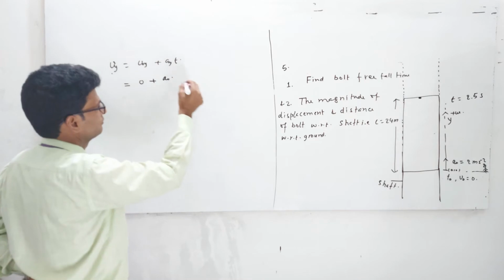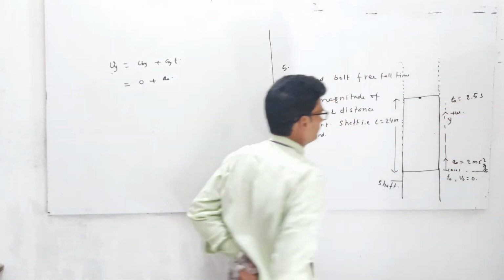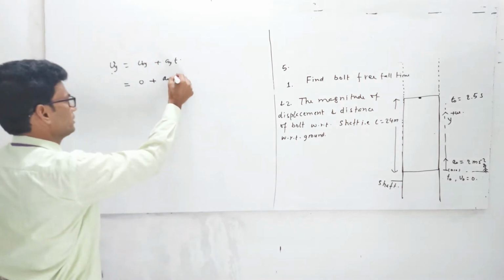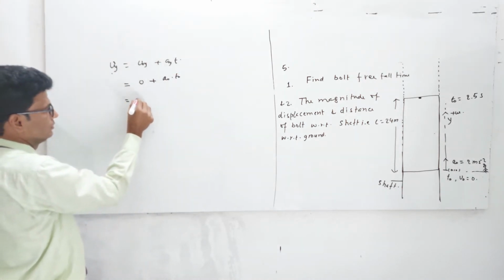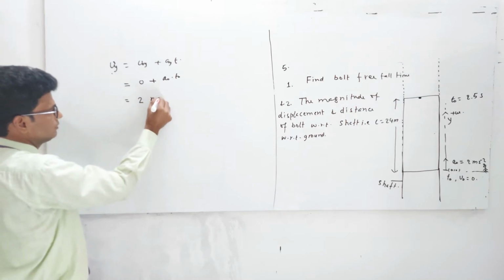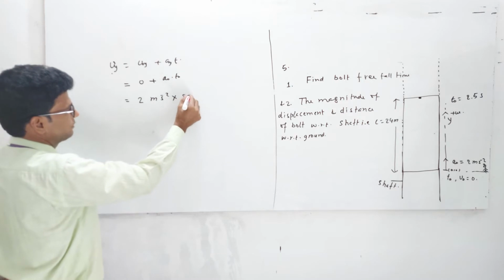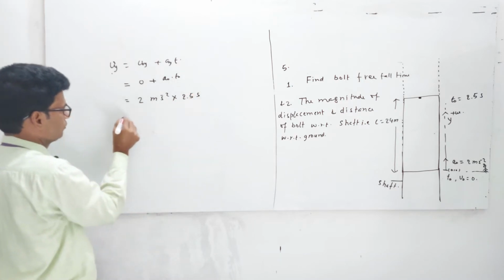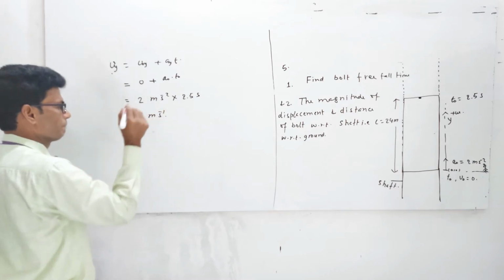T is already given, but it is better to take t0. Put in A naught, 2 meter per second square, and t0 is 2.5 second. So it comes out to be 5 meter per second.